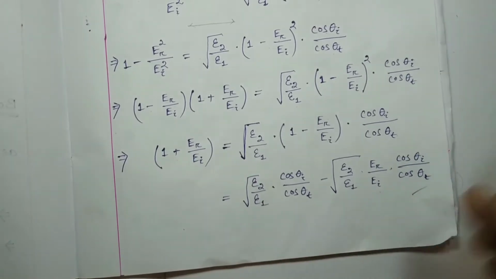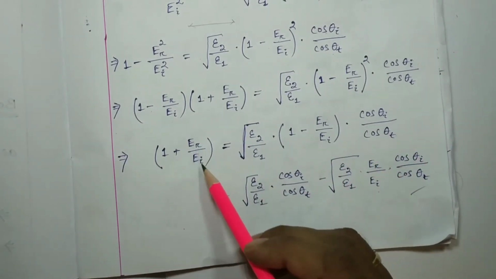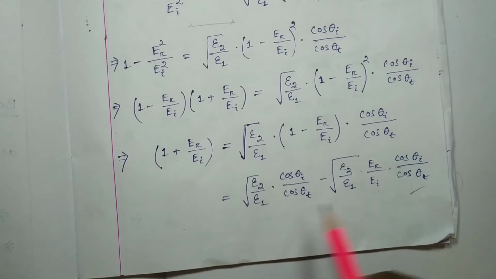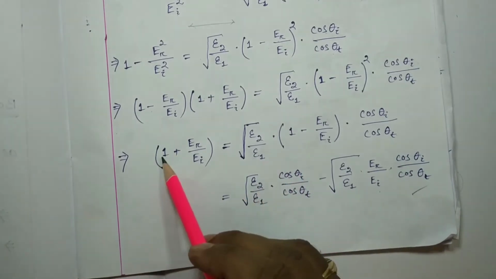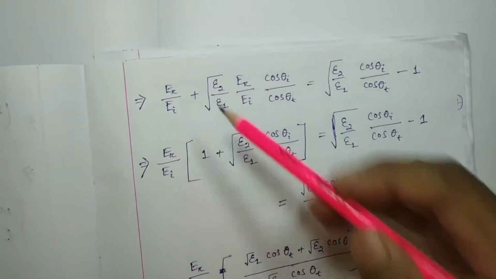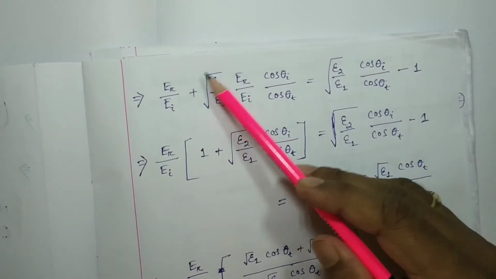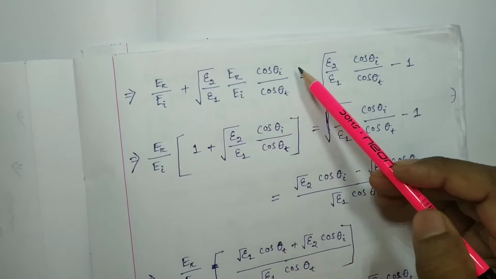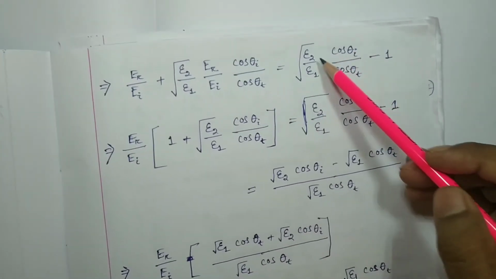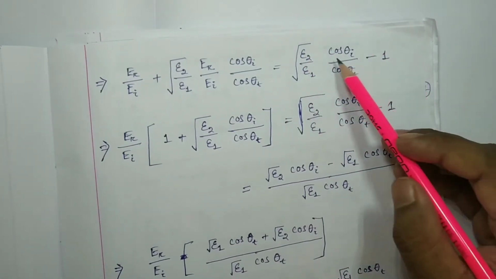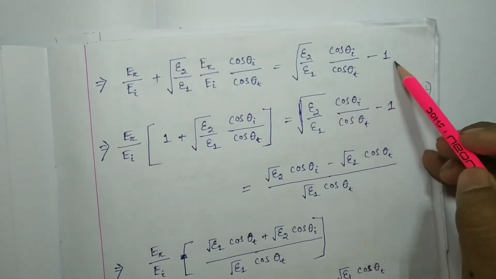So we can find Er by Ei plus this term will be equal to this one minus 1, right? Same thing it has been written, that Er by Ei plus epsilon 2 by epsilon 1 whole root Er by Ei into cos theta I by cos theta t equal to epsilon 2 by epsilon 1 whole root cos theta I by cos theta t minus 1, right?